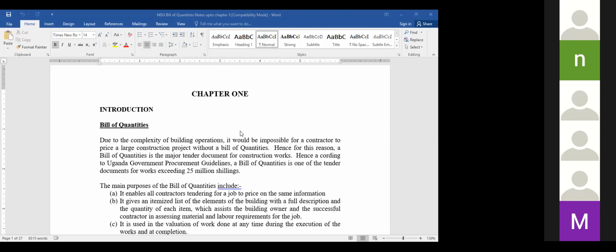And why is this so? We're trying to see the end product: how much would it cost to carry out a certain project? This is the end product of what we are looking at in quantity surveying.